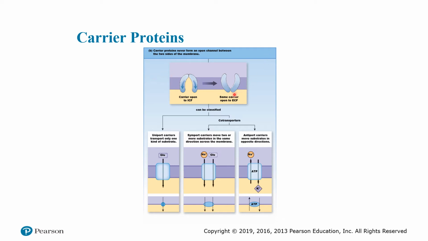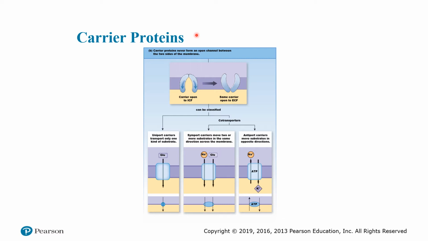Now, for those carrier proteins to face or open towards the other side, they have to change their conformation, like they have to change their shape. And so therefore, carrier proteins are not going to allow the transport of molecules as fast as the channel proteins.